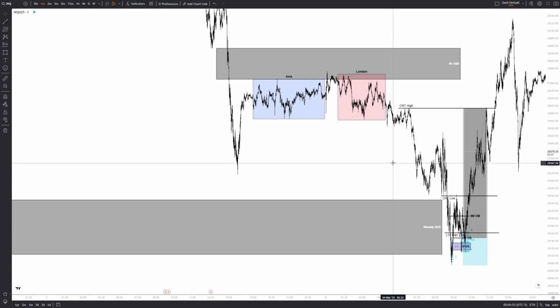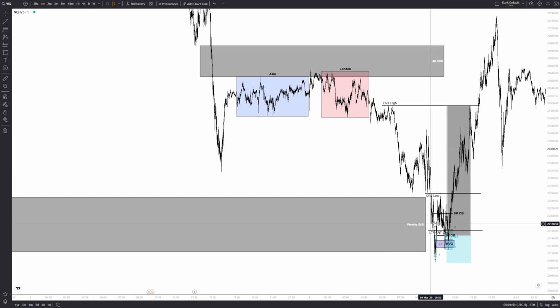Now, obviously, we then head to a high time frame weekly key level. So from here, we expect price to reverse higher. Okay, and normally when London hits a key level, it will create the high of day. But we are in a discount market. We have hit a weekly BISI.